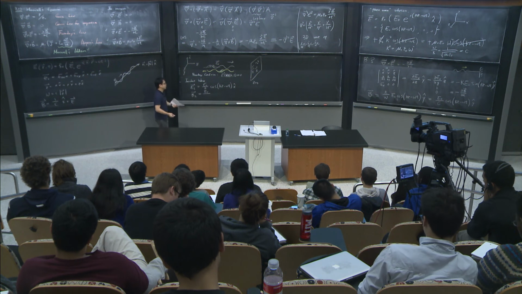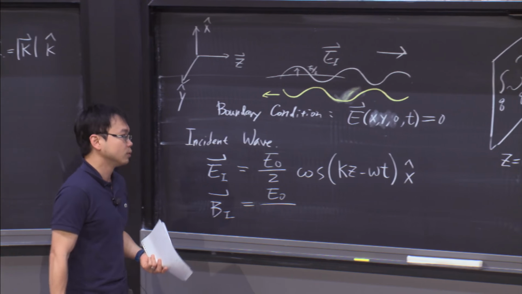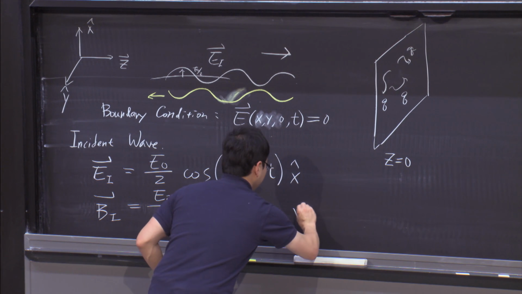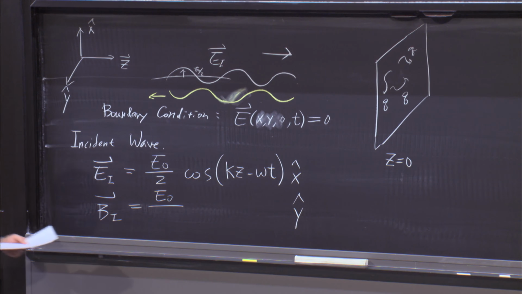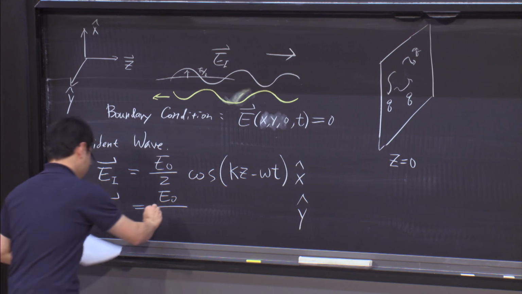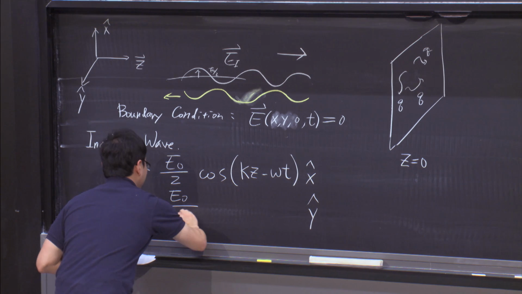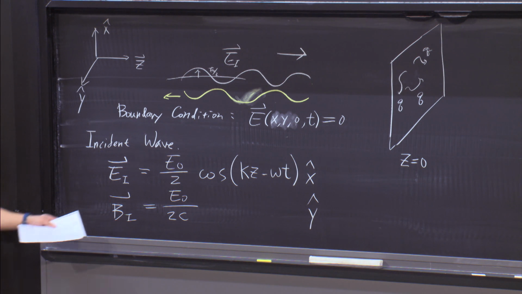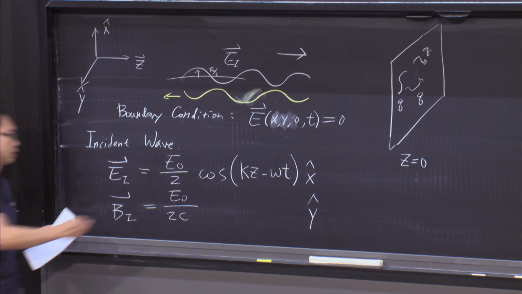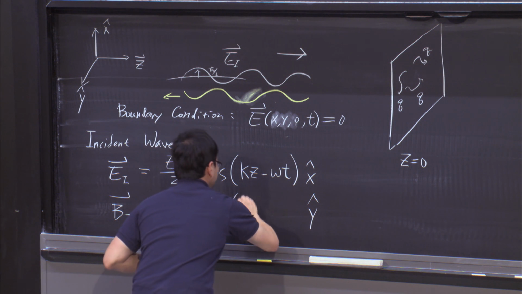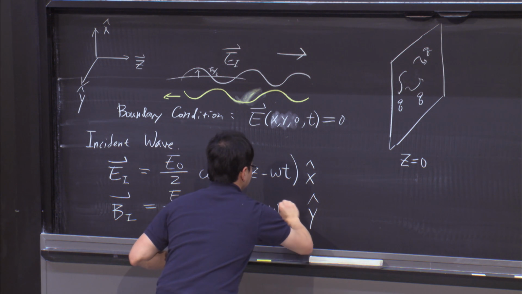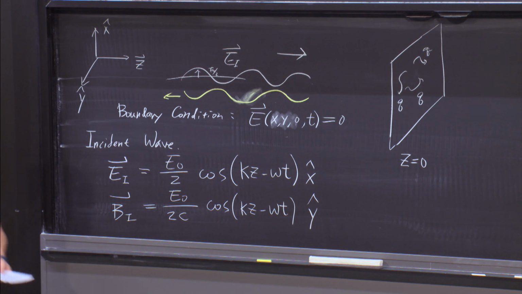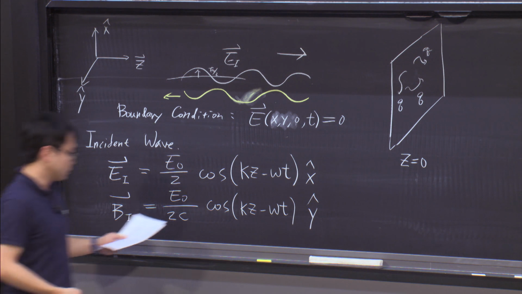Therefore, you can quickly conclude that the magnetic field must be in the y direction, and the magnitude of the magnetic field will be E0 divided by 2c cosine kz minus omega t. Okay, so that is the incident wave.